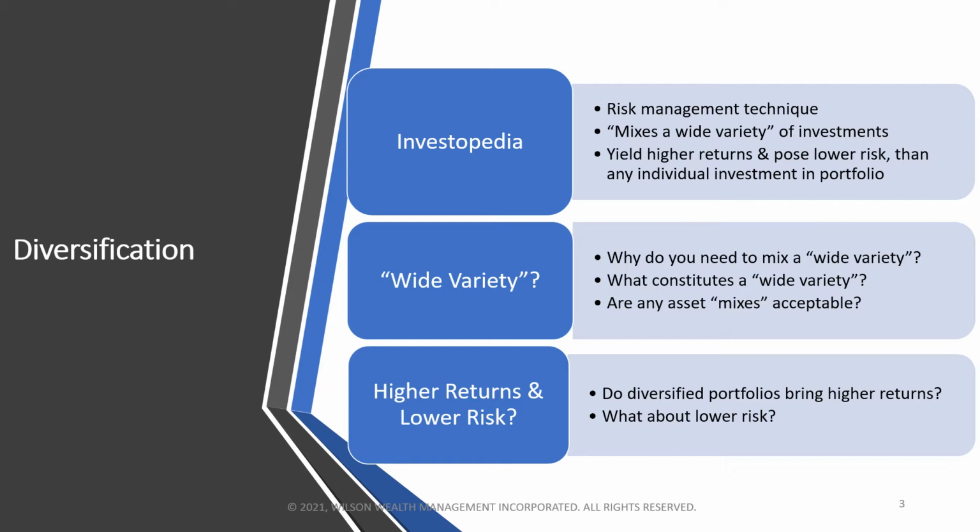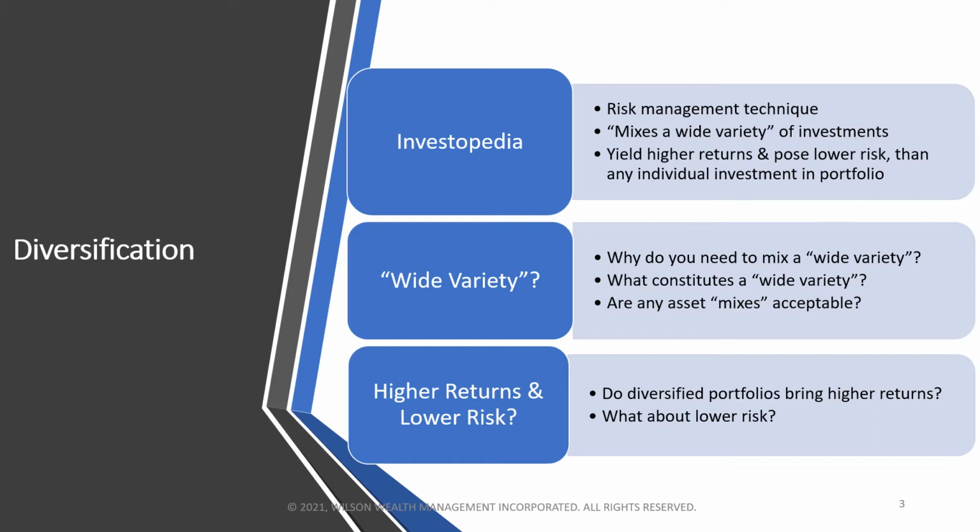And to be fair, Investopedia fleshes them out elsewhere to some degree. The first question is, why do I need to mix a wide variety? What constitutes a wide variety of assets? And when they say mixes, are any asset mixes acceptable? What does that all mean?